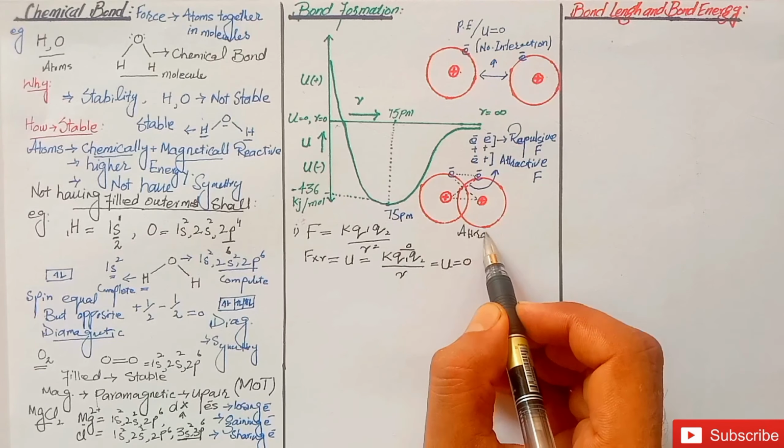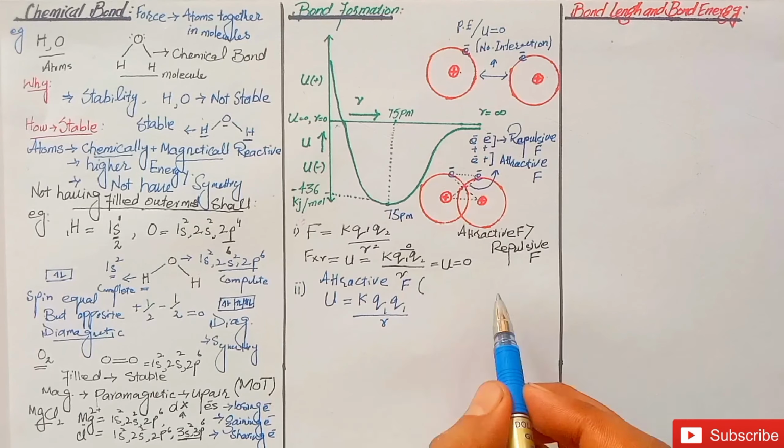At this point, these particles have minimum energy and maximum stability and form a chemical bond. Here, through this equation, we can calculate the potential energy when the attractive forces are more than repulsive forces. And as we know, attractive forces operate between opposite charges.